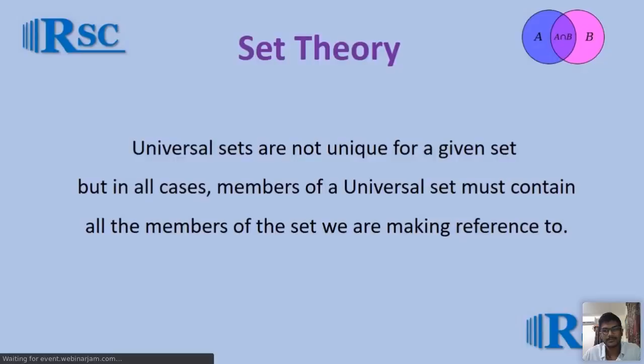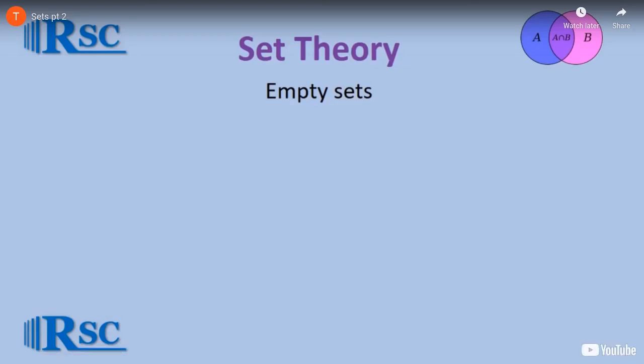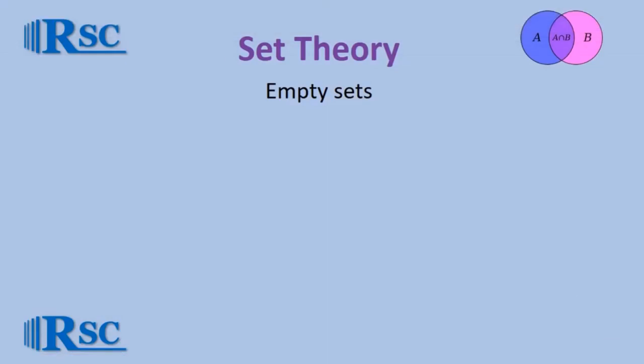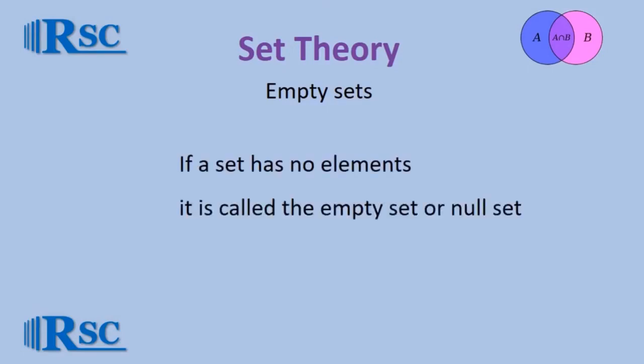So now that we've covered the first piece of our introduction to sets, let's move on to a little more in terms of the complexities. And now let's go on to talk about empty sets. If a set has no elements, it is called an empty set or a null set.